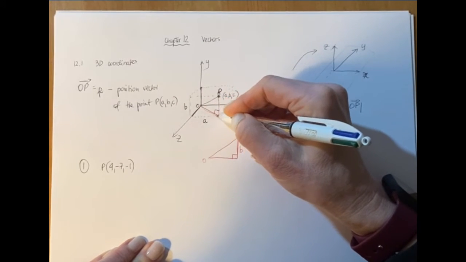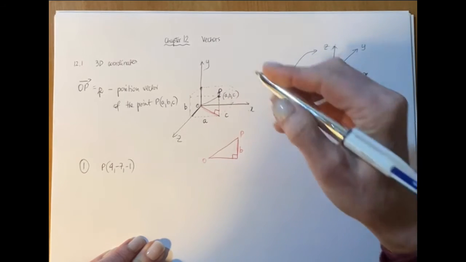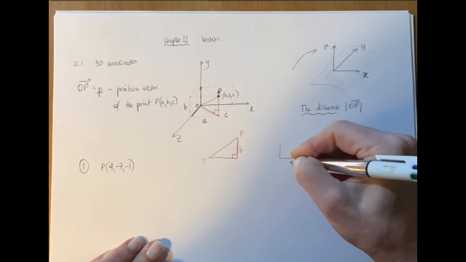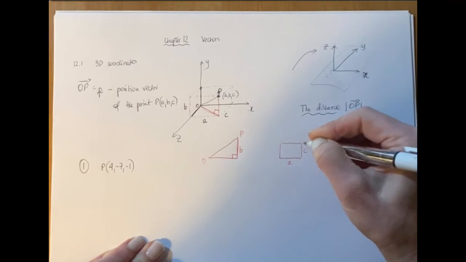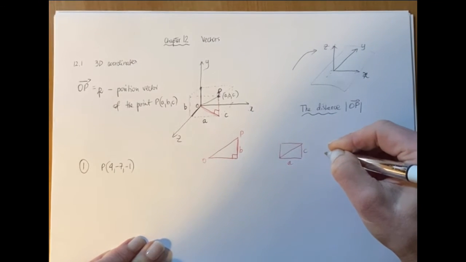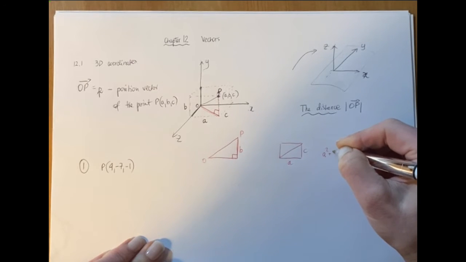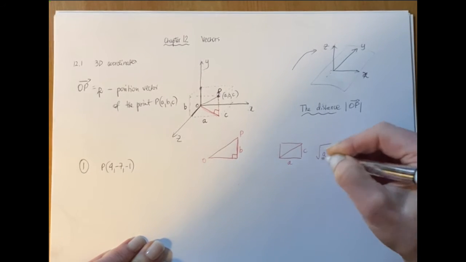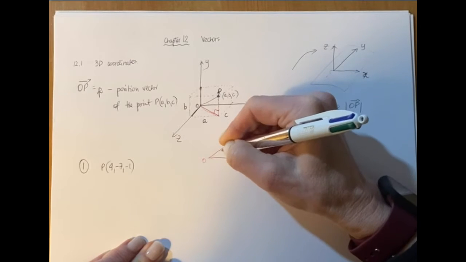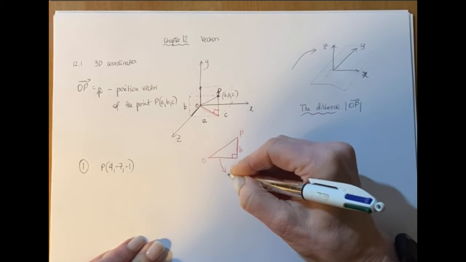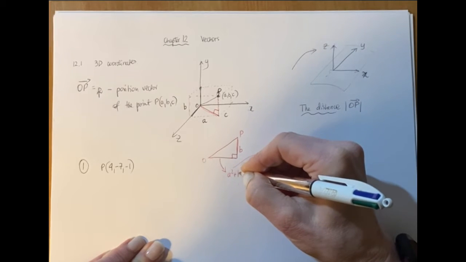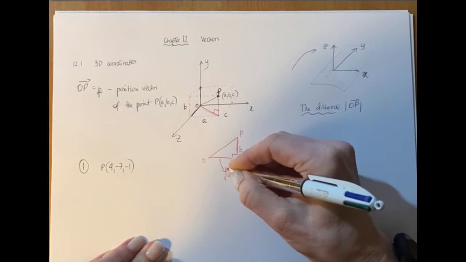And this is the diagonal of the base rectangle, which is A by C, and this diagonal is A squared plus C squared, square rooted.